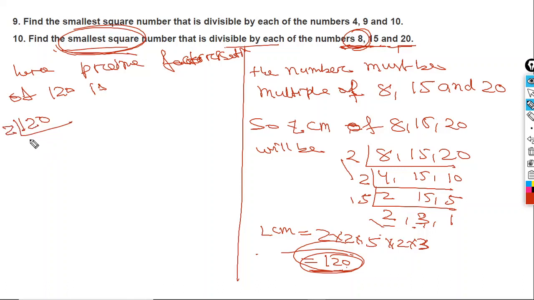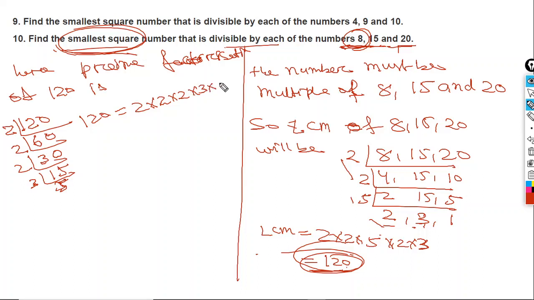You can first start with 2, 2 6 12, then 0, 2, then it will be 2 3 30. Then again 2, it's 15, then you can try 3 5. So we can write 120 equals 2 into 2 into 2 into 3 into 5.